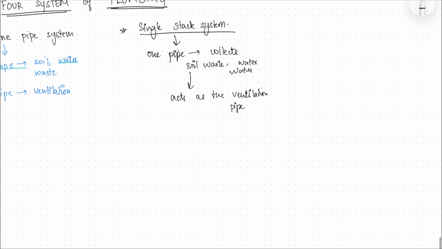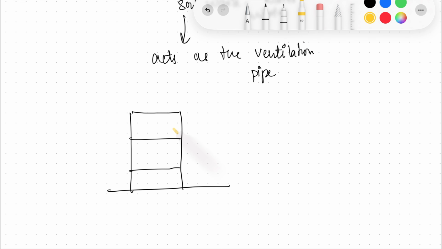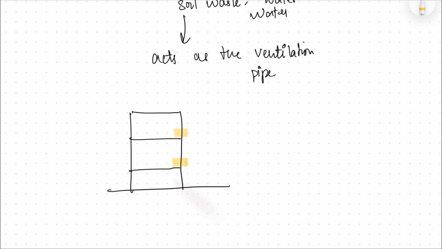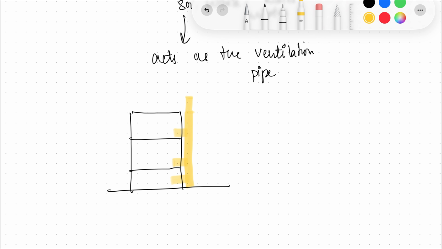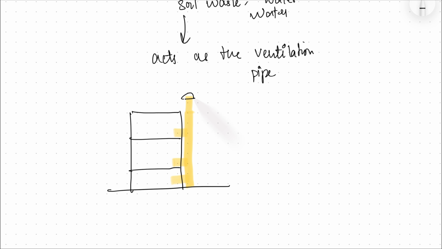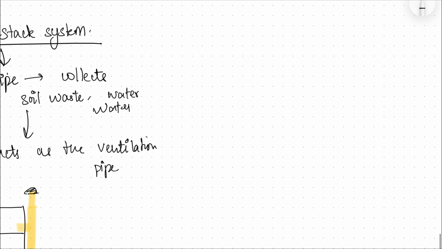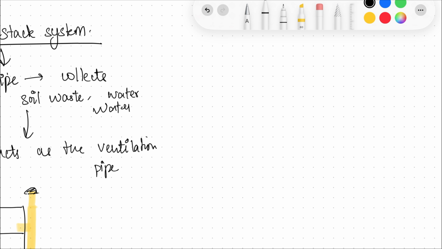So if you see, if this is your single stack system, it extends above the roof level, and you have the cowl on top, basically that acts as the ventilation pipe as well. Then you have a single stack partially ventilated system.